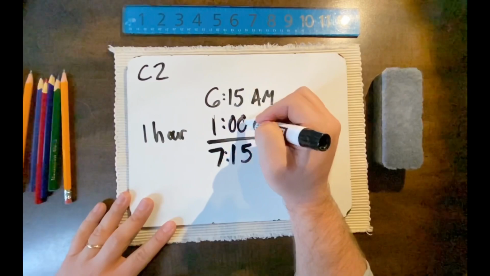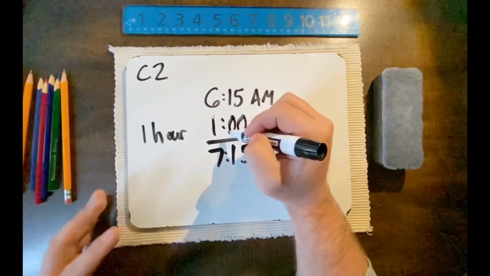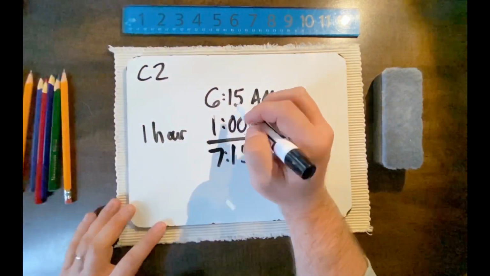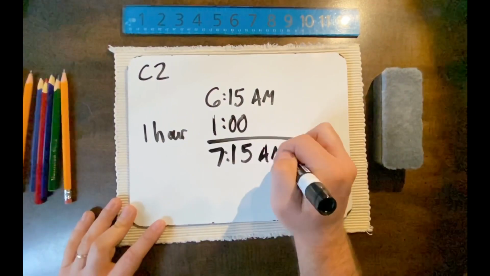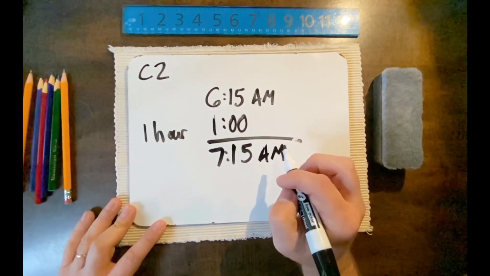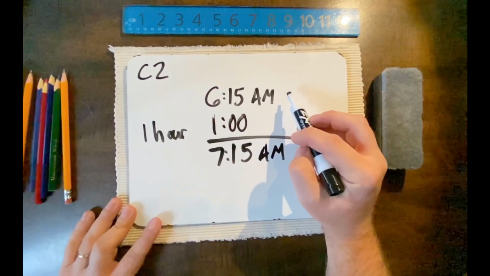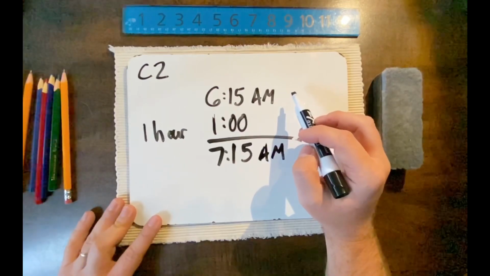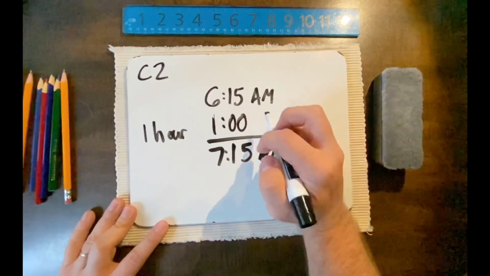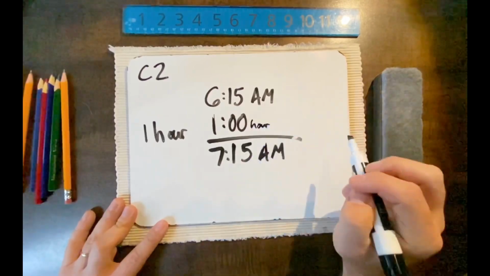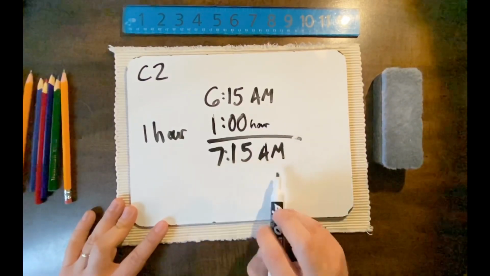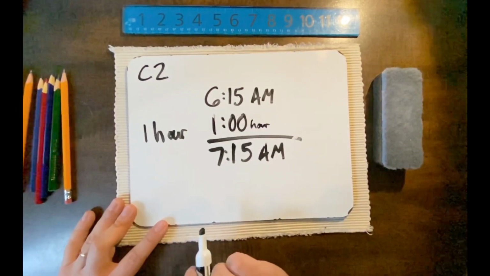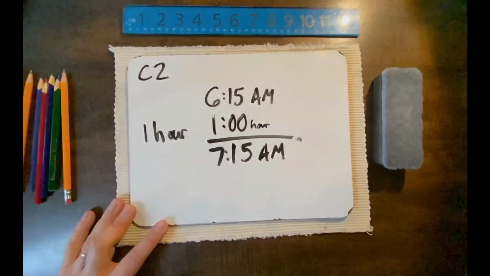We are going to add our place values, and that leads us to 7:15 a.m. It is 6:15 a.m. currently. Lucas will leave for school in 1 hour. What time will he leave? Added those together, that tells us that Lucas will leave at 7:15 a.m.